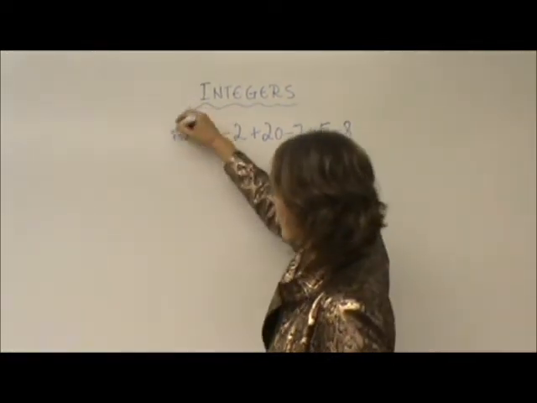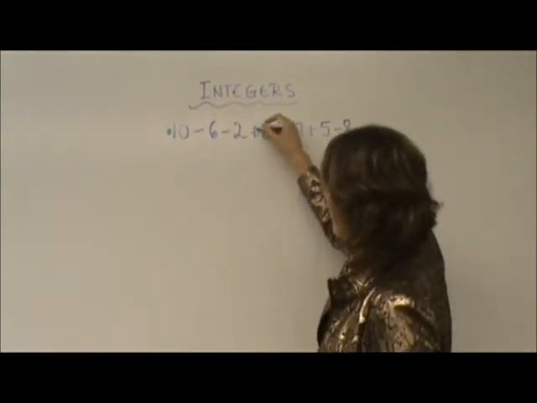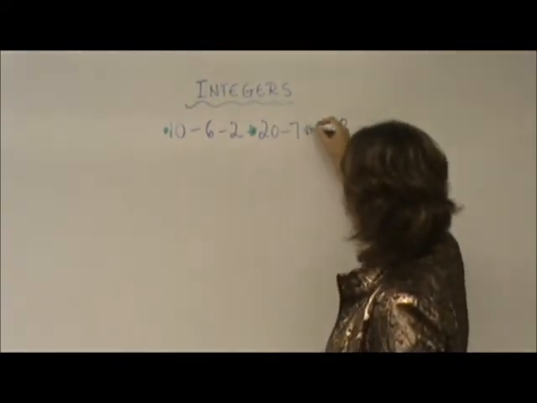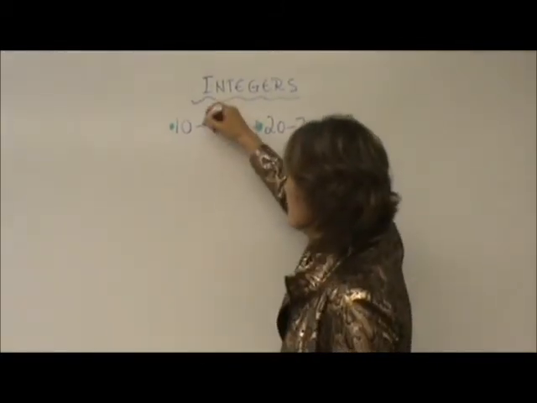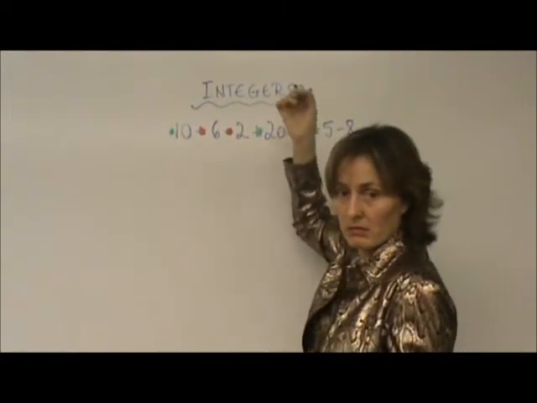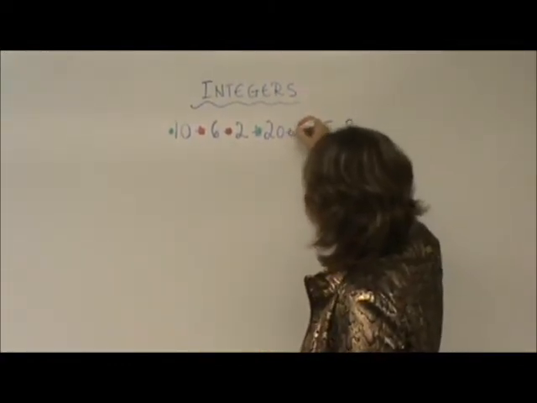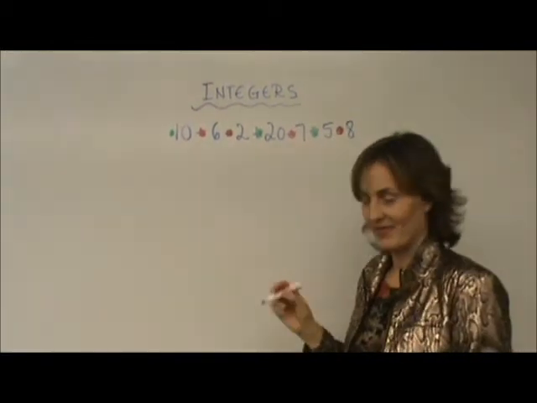So I earned $10 here, 20 here, 5 here, all my positives. And I spent $6 in the grocery, and $2 I got some drink, and $7 some gas, and $8 I went to the movies. Good?